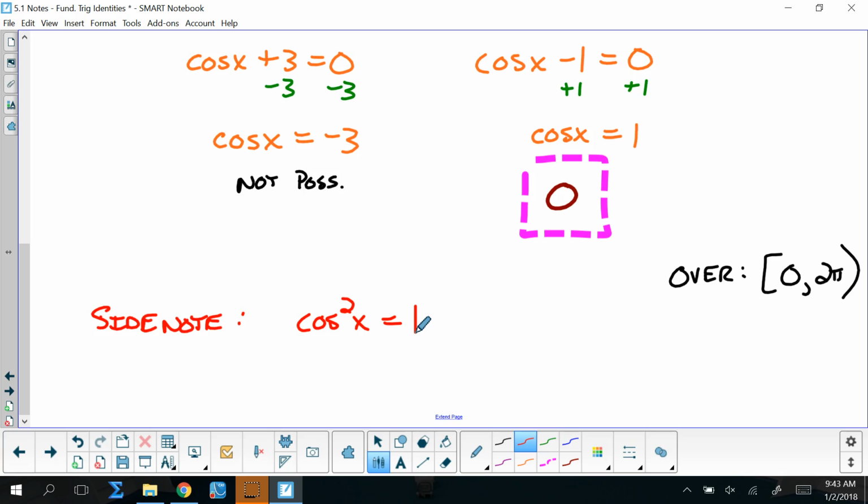You would have square rooted both sides. If I take the square root of this side, I would get cosine of x. And if I take the square root of this side, I would get plus or minus 1. Okay? Because I'm taking an even root when solving.